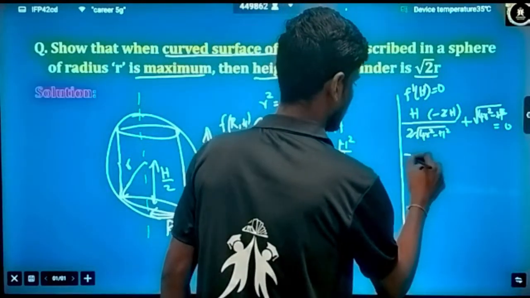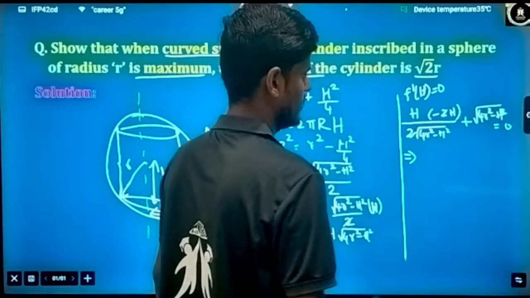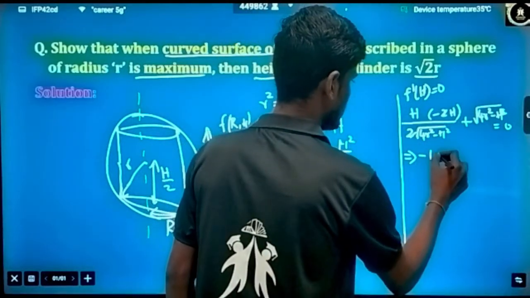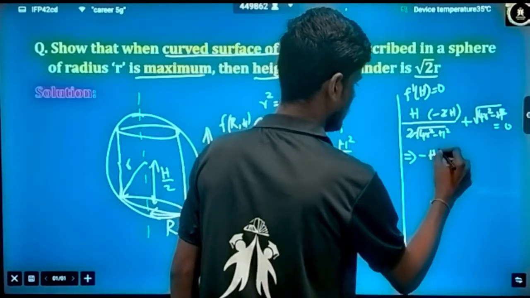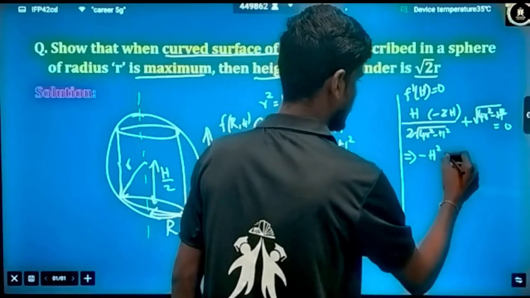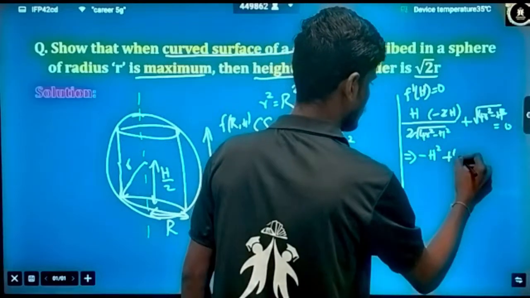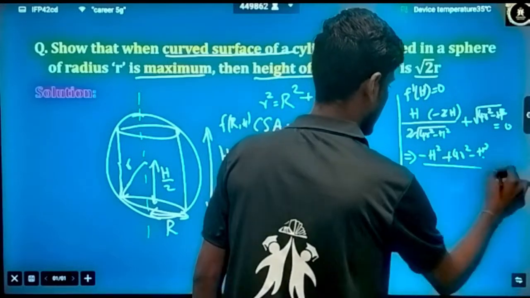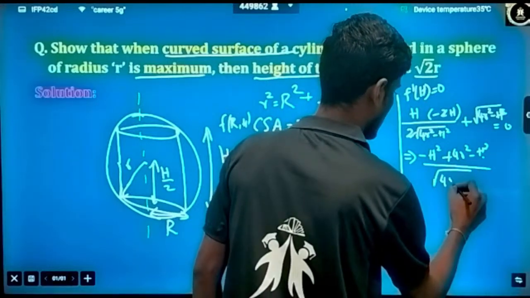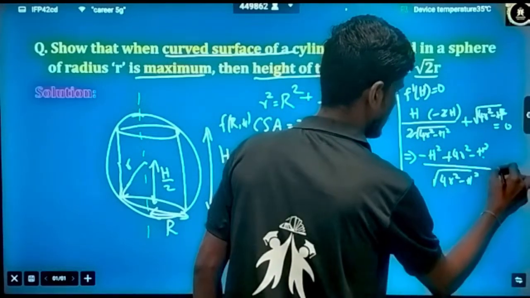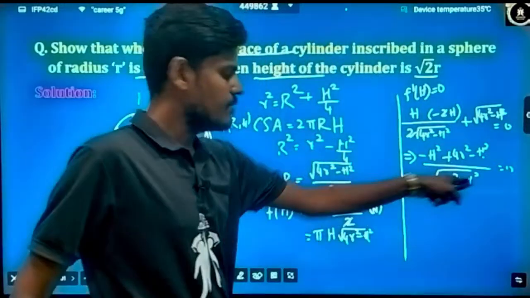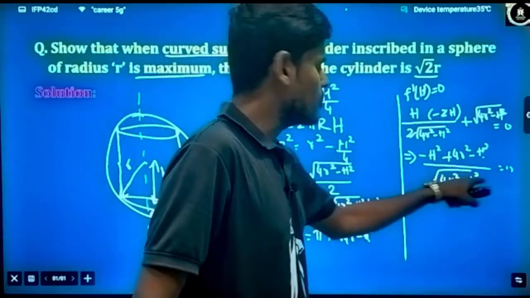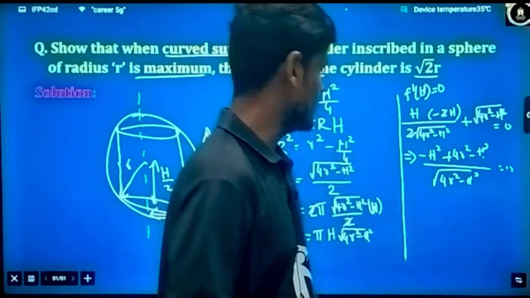That means take cross multiply, then we will get minus h square. Here when we multiply, we will get plus 4r square minus h square divided by square root of 4r square minus h square equal to 0. Denominator cannot be 0 as it is a square root function. This is always positive.